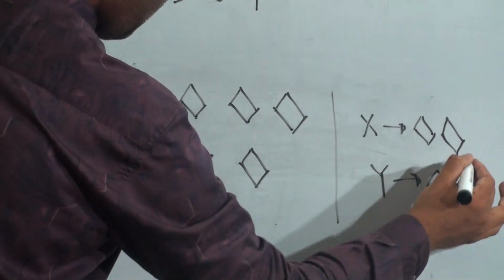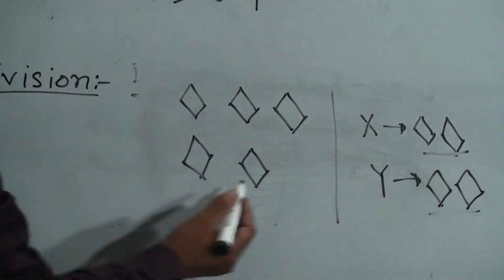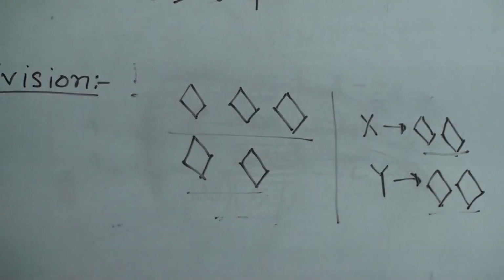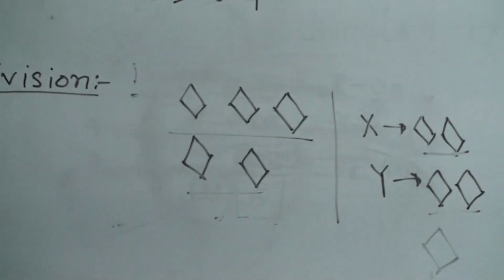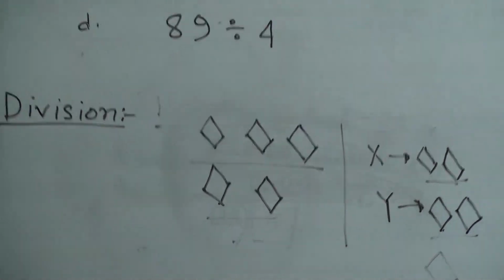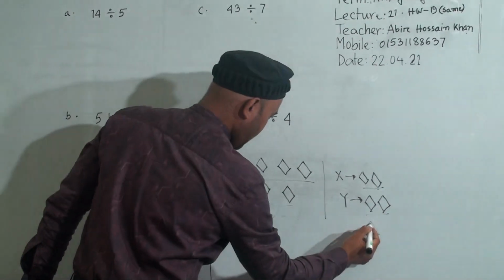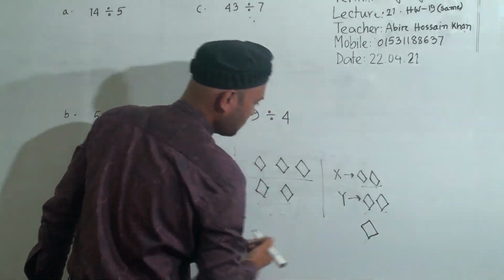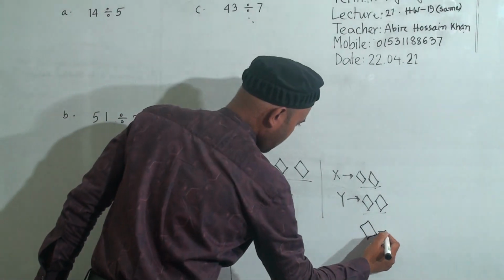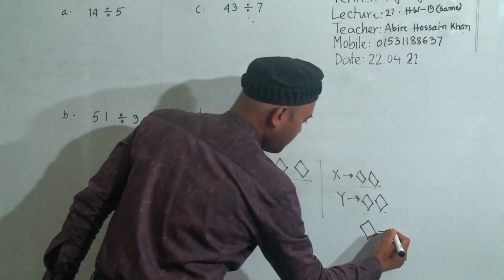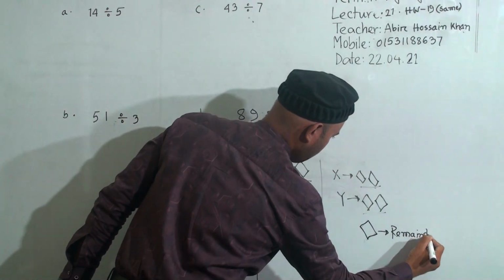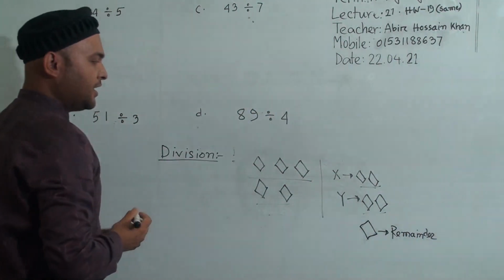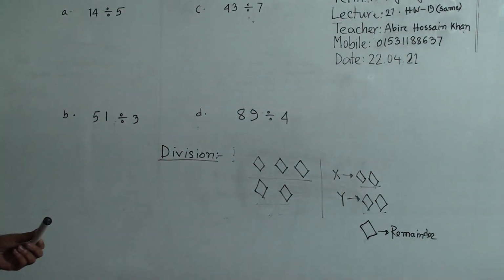Here is 2 and 2. This is 4 cookies, but there are 5 cookies. So there is 1 extra cookie. This extra is called the remainder.